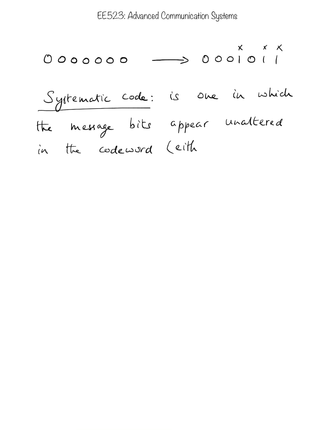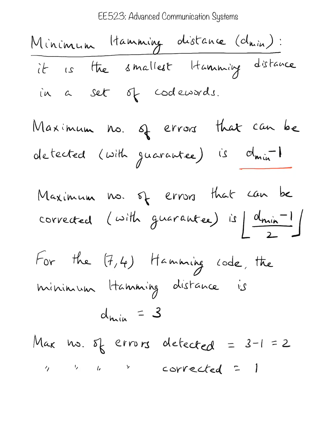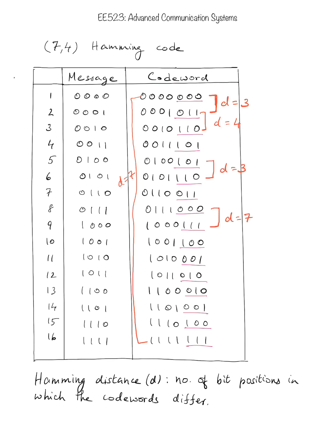Either at the beginning or end of the code word. Based on this definition, the 7/4 Hamming codes that we have seen so far are systematic codes. What do we mean by that? Let's look at the table of the code words.